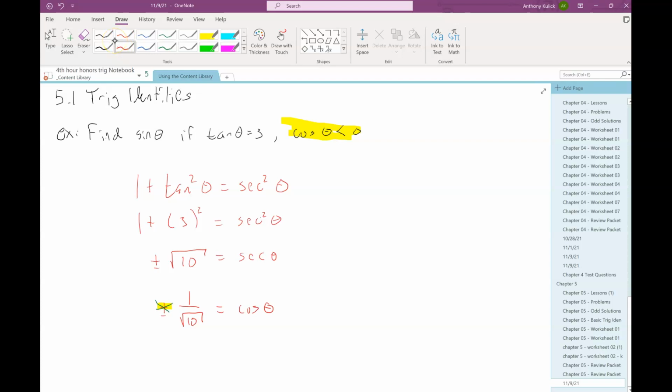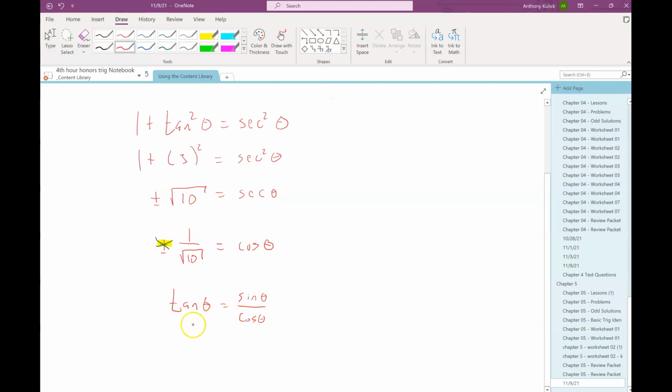Now I know sine and cosine. So I can say, okay, I know tangent is sine over cosine. So if I multiply both sides by cosine theta, I can say that sine theta is cosine times tangent.